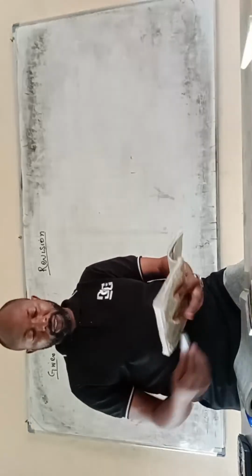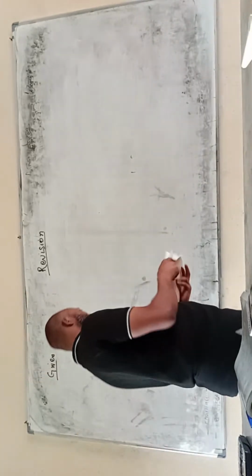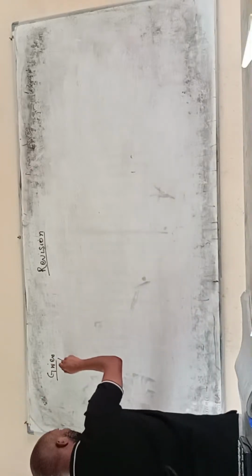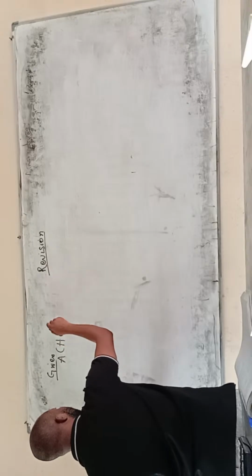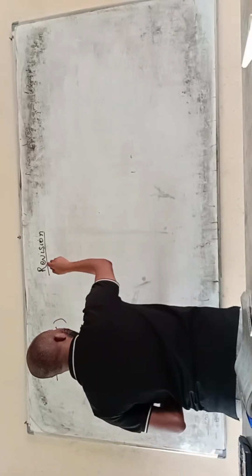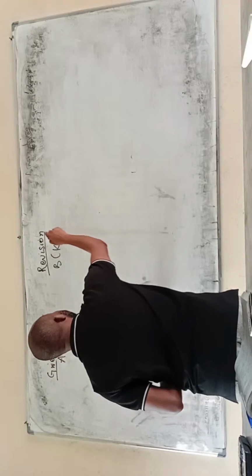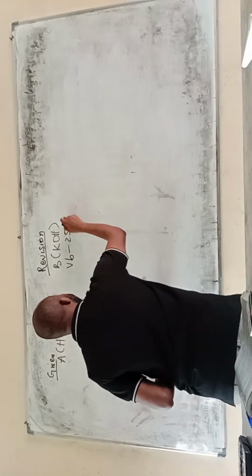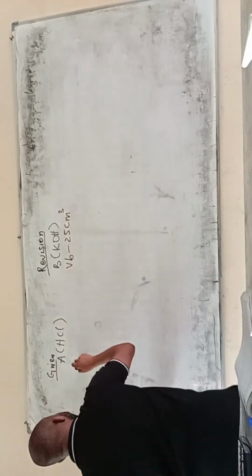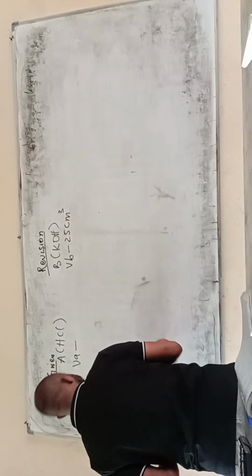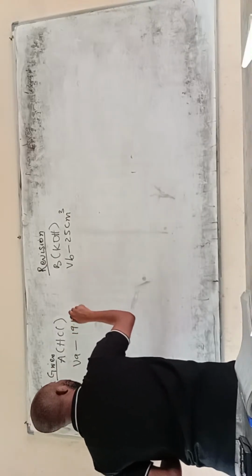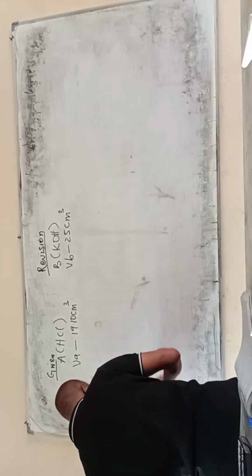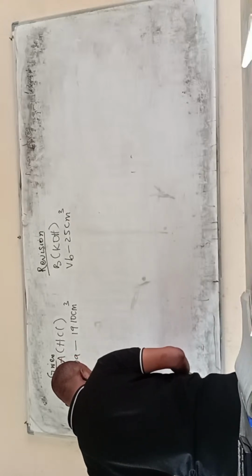So let me take care of this again. The given here, we have our A and our B. A is HCl, and B is potassium hydroxide. Volume of the base is 25 cm³. Volume of the acid is 19.10. A is a solution containing this, g/dm³.